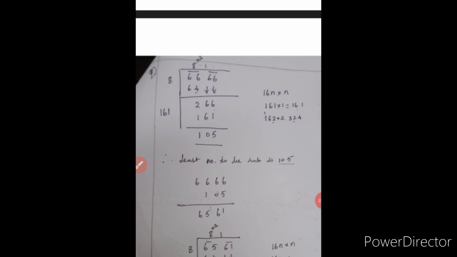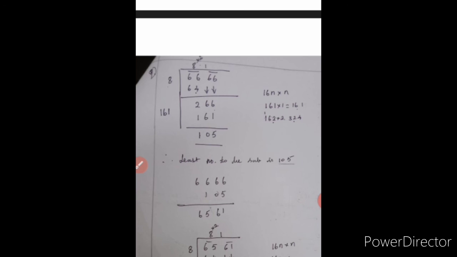Your next question is: find the least number which must be subtracted to get a perfect square, and also find the square root of the perfect square. So your question is 6666. We will go by the square root long division method.